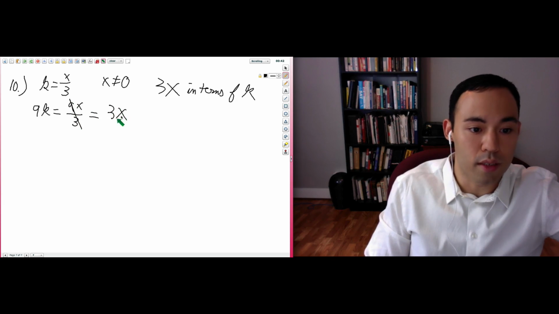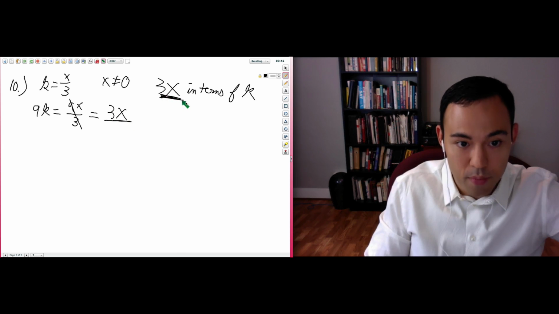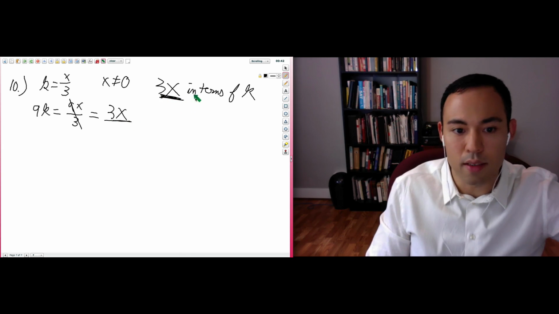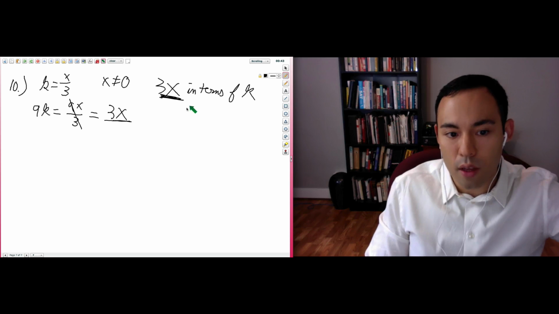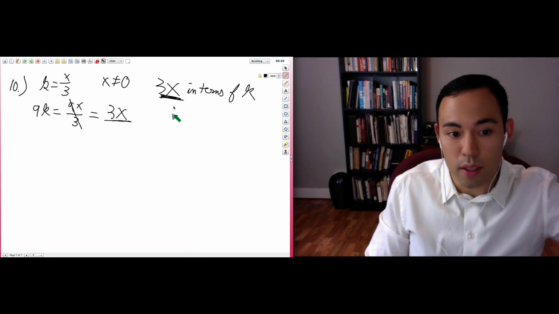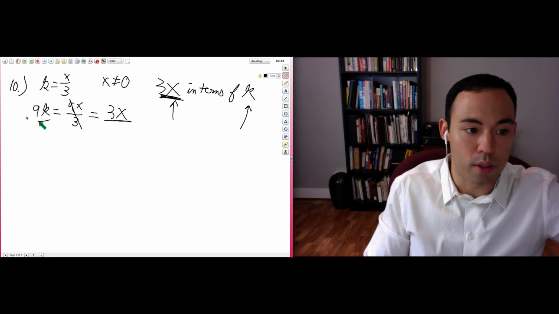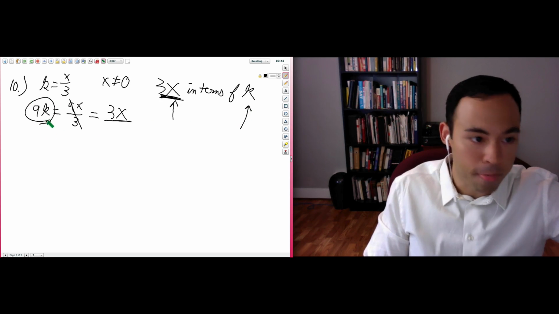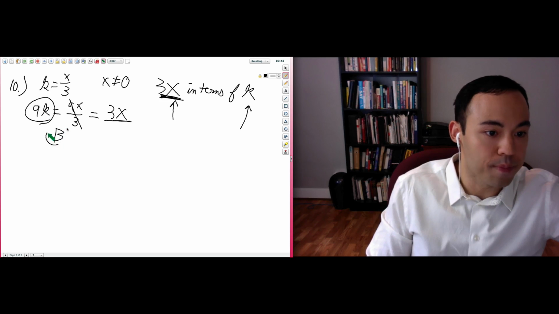That turns into 3x. So there's 3x, which the SAT says in terms of k. When one side of the equation looks like this, the other side looks like 9k. And so that is going to be answer choice B.